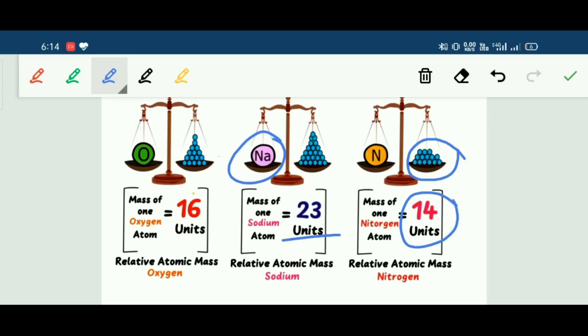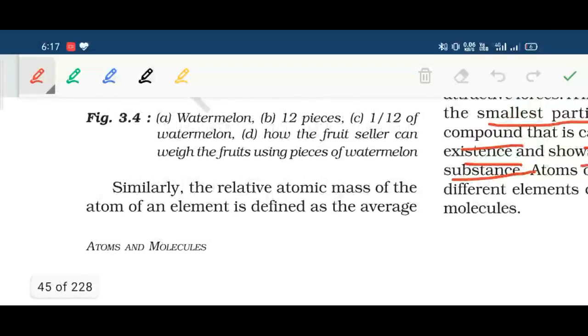So what is relative atomic mass? Students, from these examples, it is clear that the mass of an atom is calculated by taking that 1/12th mass of the carbon atom as a reference. In the first case, it is clear that oxygen is 16 times heavier than that single particle which was 1/12th of the mass of carbon-12, which means oxygen is 16 times the mass of 1/12 of a carbon atom.